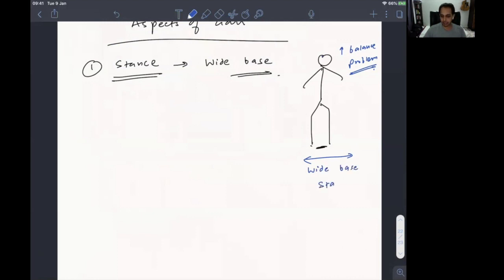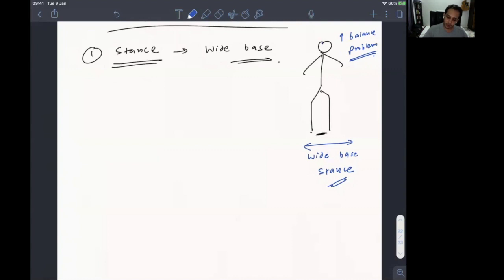And this is one of the first things that can go wrong in any balance related issue. So if there is a sensory problem, a cerebellar problem, a vestibular problem, anything that affects your balance, your stance will get wider. Now, this wide base can also be seen in walking.